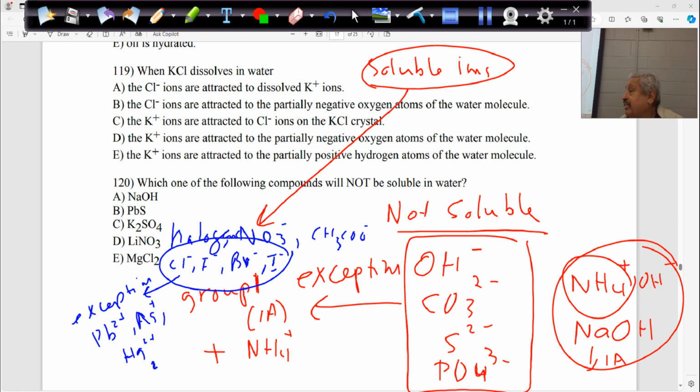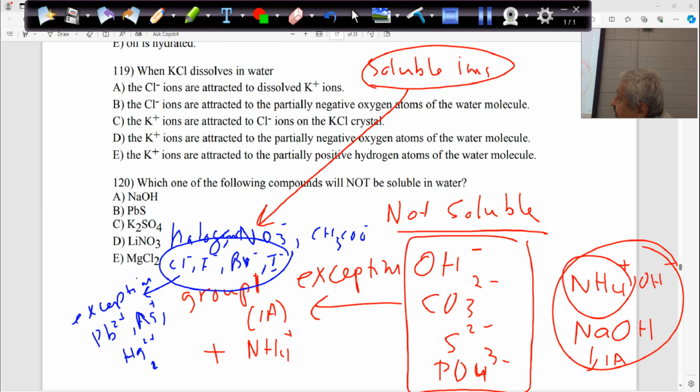So mercury, silver, those are not soluble with halogens. So the nitrates are soluble, the acetates are soluble, the halogens are soluble, except with those 3 elements, they are not soluble.